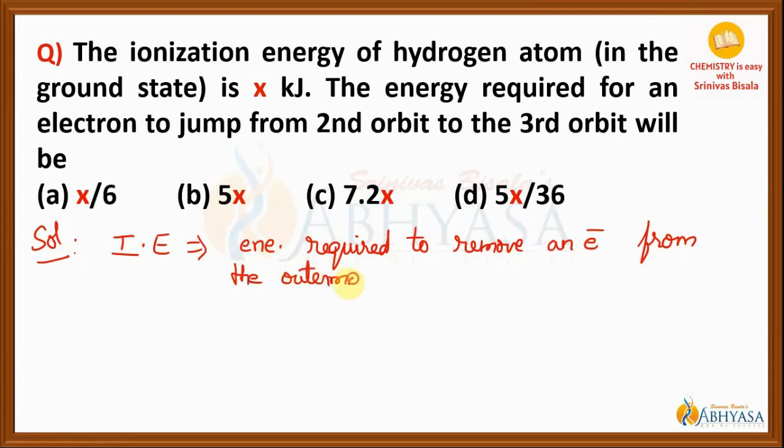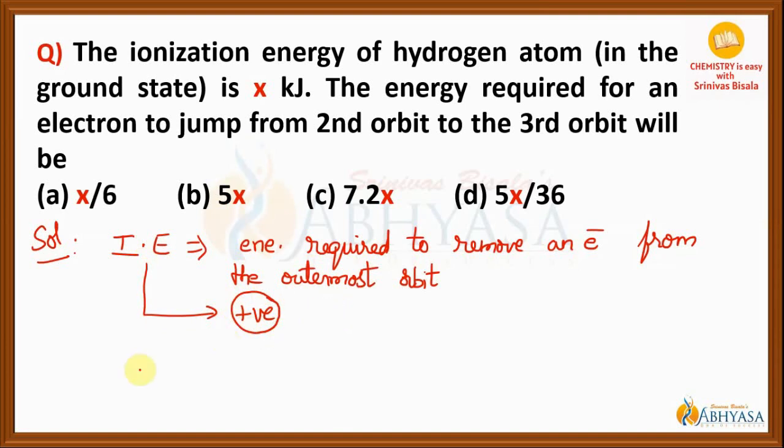As we know, in the case of hydrogen, there is only one electron present in the first orbit, and the energy required to remove the electron from that first orbit is nothing but ionization energy. And remember, ionization energy is always expressed as a positive value because it is endothermic in nature, isn't it? Energy is required to remove the electron.